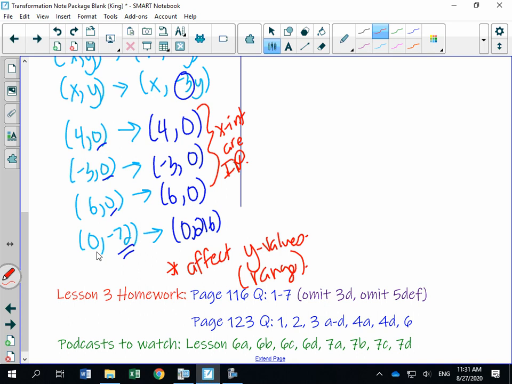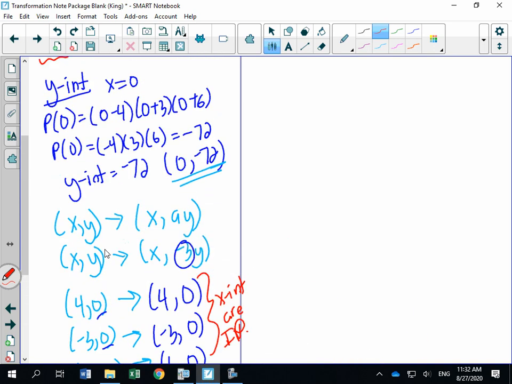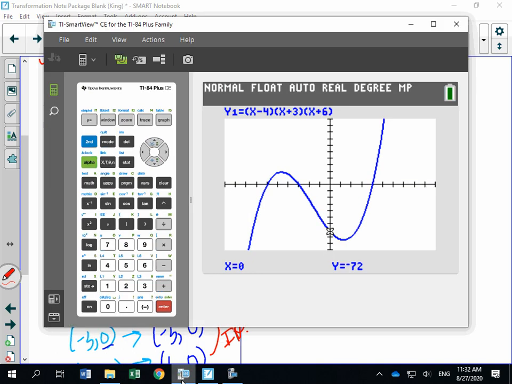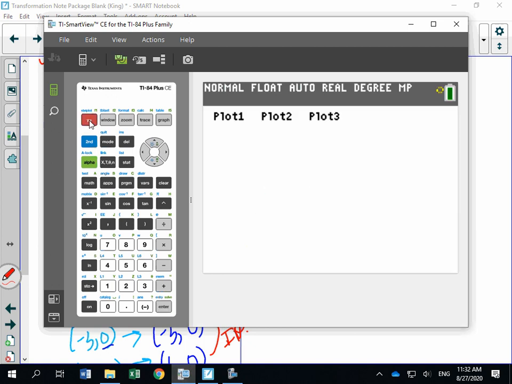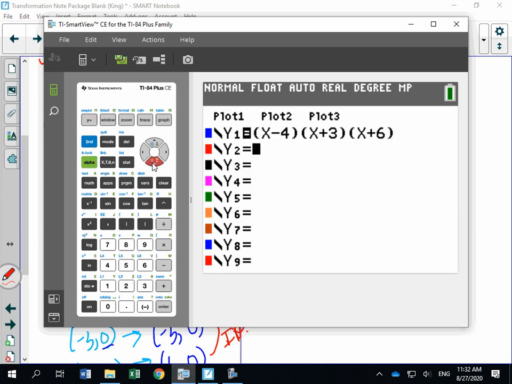So again, if I take that function and put a -3 in front of the function, I could show you. So y is equal to -3 times (x minus 4)(x plus 3)(x plus 6). This is going to be a reflected graph, and there's going to be a stretch.